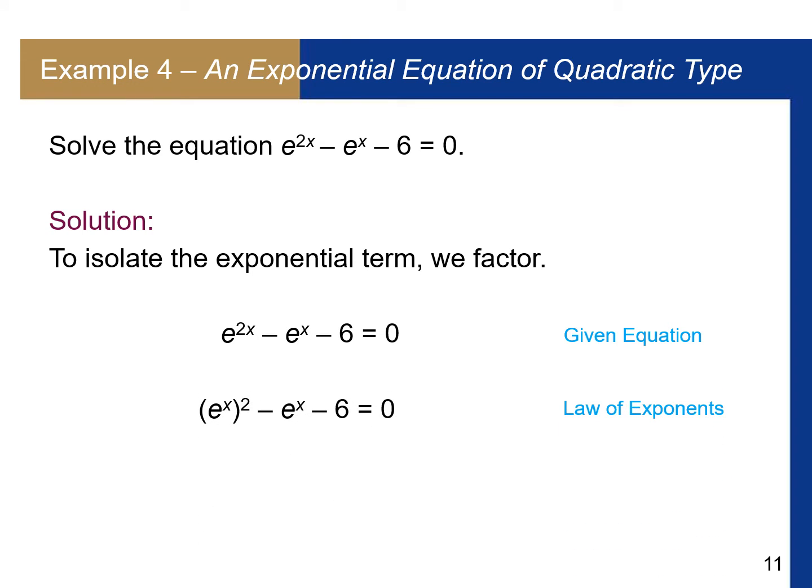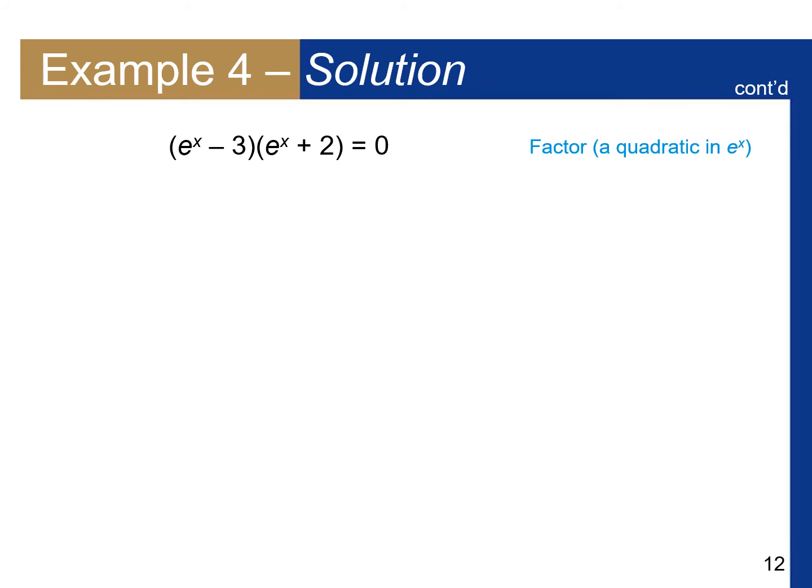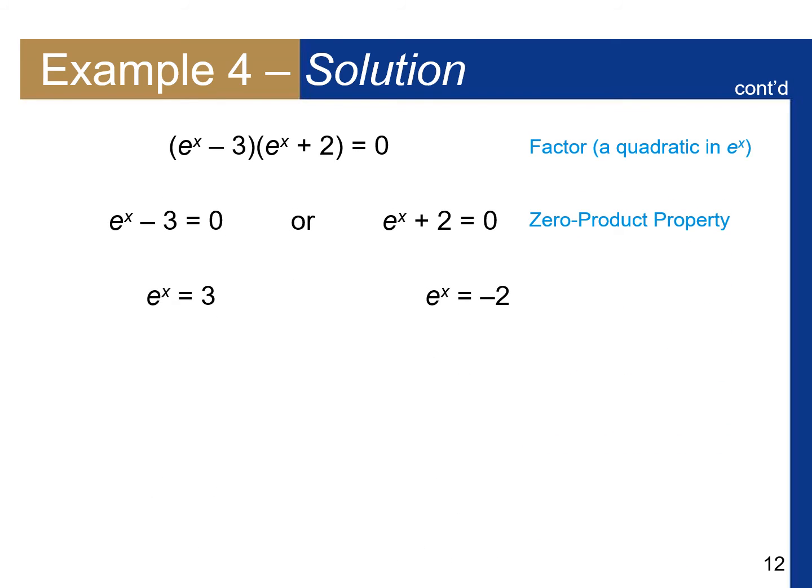How do we factor this? Well, we can take e to the 2x and write it as e to the x raised to the second power. This factors to (e^x minus 3)(e^x plus 2). Now we can set each one of those equal to 0 and solve for e to the x.